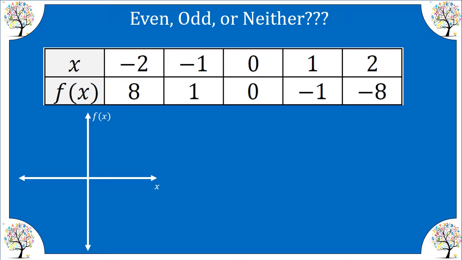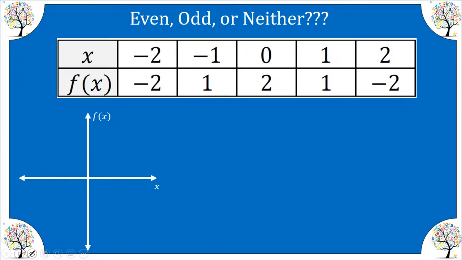Okay, so even, odd, or neither, it does pass through the origin, so that would be important to say if it's odd. Now let's take a look at -2 and +2. I get out opposite outcomes. The same with 1 and -1, these are opposite of each other. So this is odd.